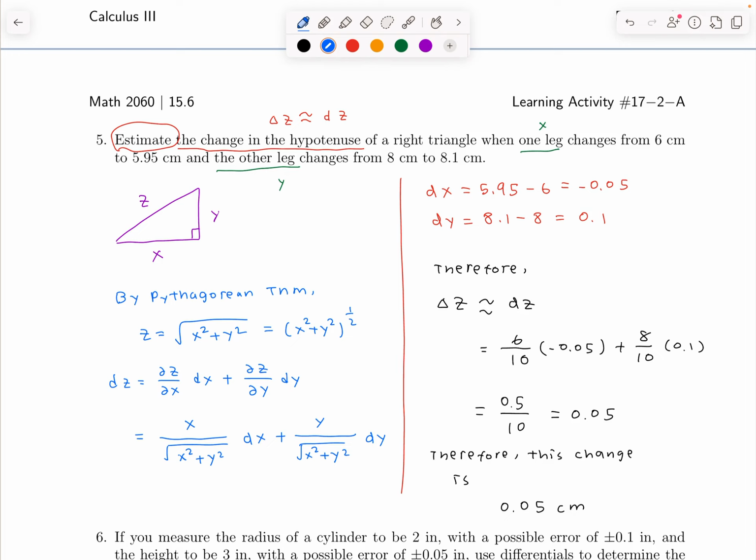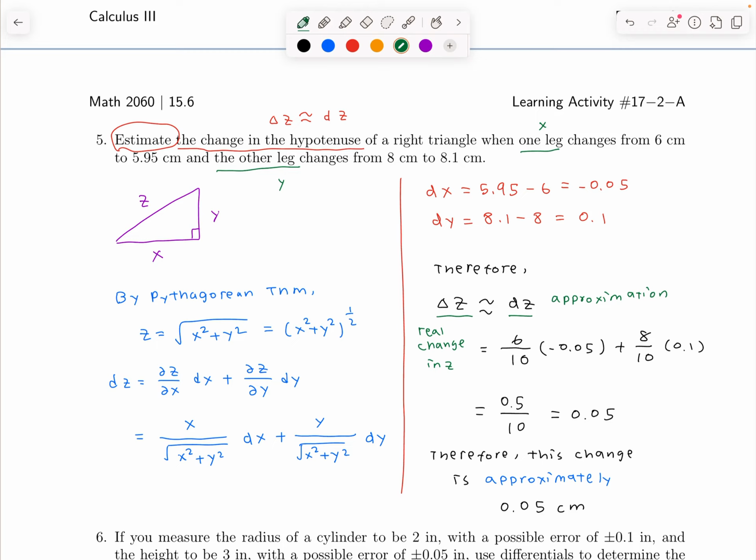So we have to say this change is approximately. Notice that this is the real change in z, and this is just an approximation. So the real change in z is approximately equal to 0.05 centimeters.